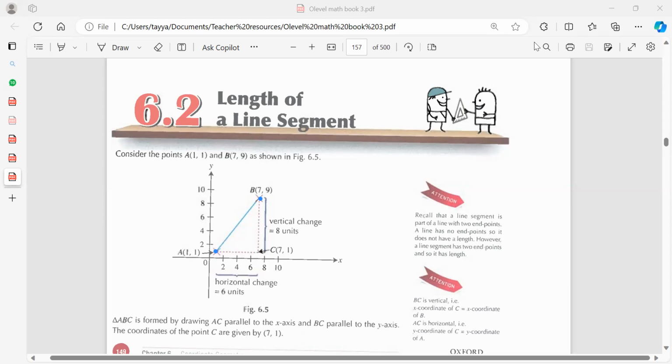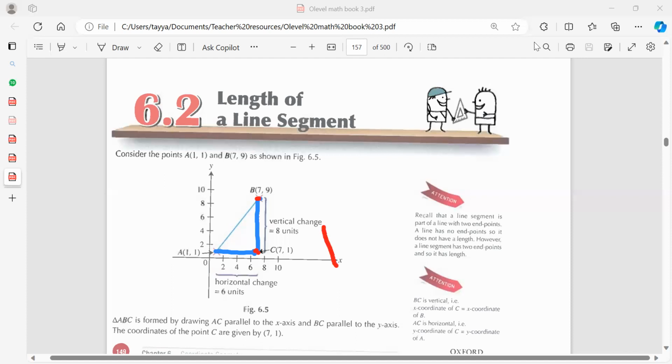If we take a parallel line along the x-axis and a parallel line along the y-axis, then along the x-axis this point is 7, in the middle of 6 and 8. And the middle of 8 and 10 is 9. So for C, according to the x-axis it is 7, and according to y it is 1.